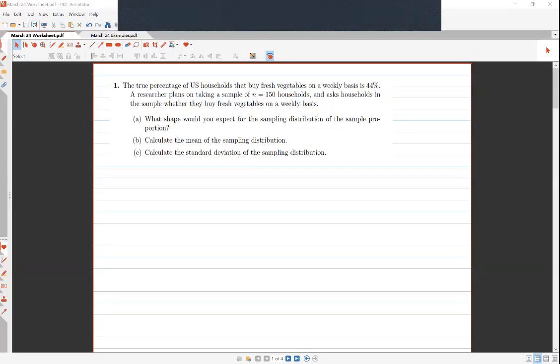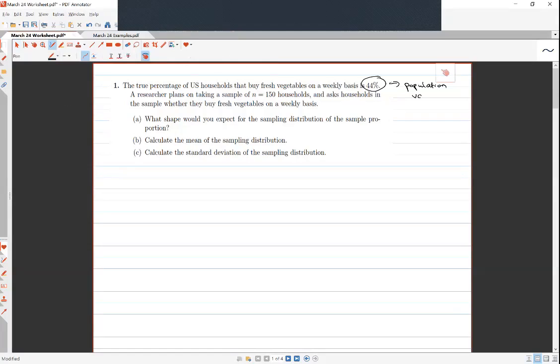And in section 13.1, we're specifically looking at estimating a proportion. So this first example says, we're looking at all US households, and we know in the population that 44% of US households buy fresh vegetables on a weekly basis. So this 44%, this is the population value.